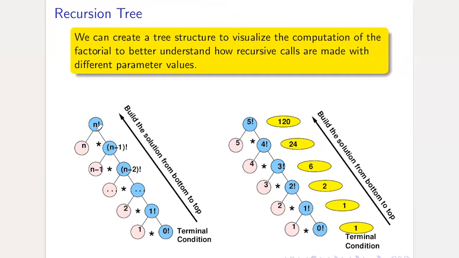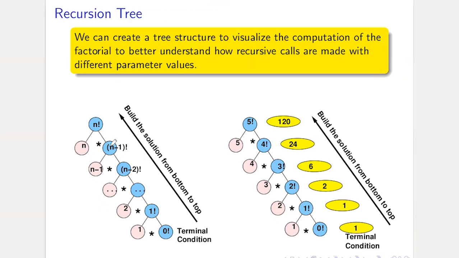We initially call with factorial of n. Then, if n is greater than 0, it will get rewritten as n multiplied by the factorial of n minus 1.